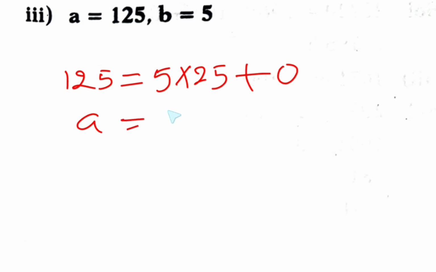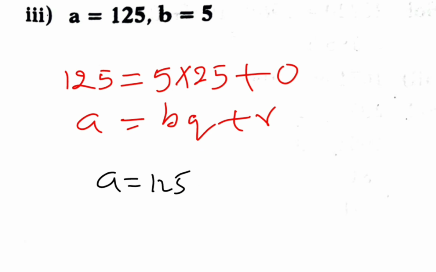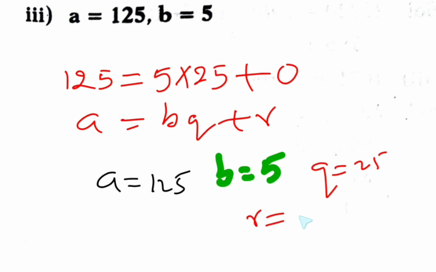It is compared with BQ plus R. Then let A equal to 125 and B is equal to 5, and Q is equal to 25, R equal to 0.